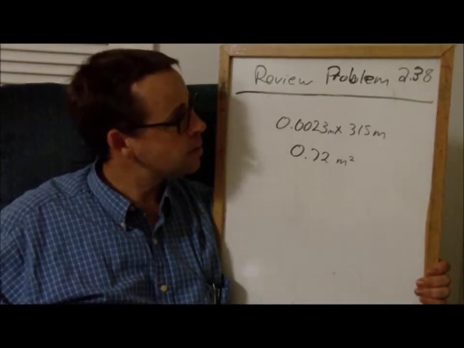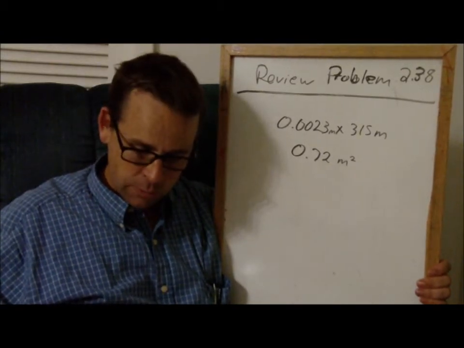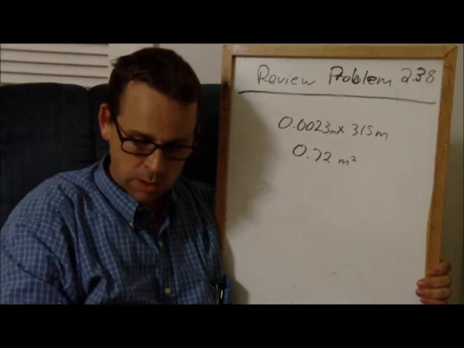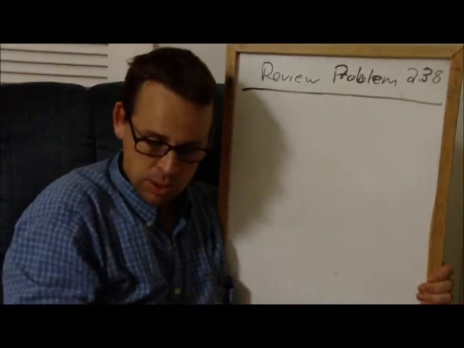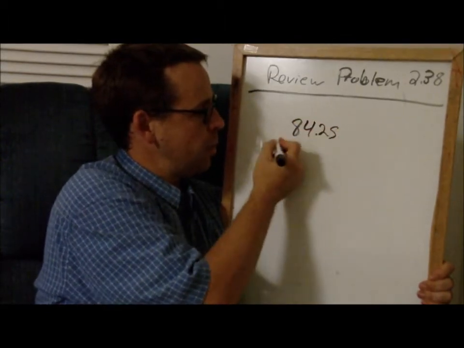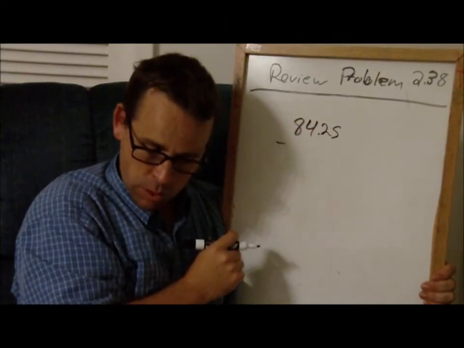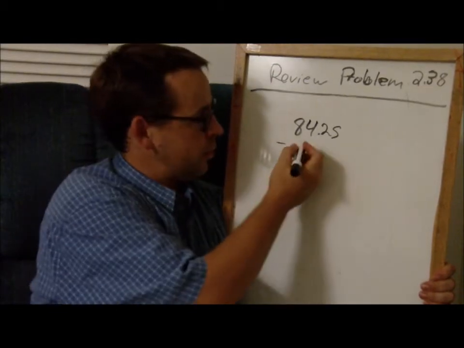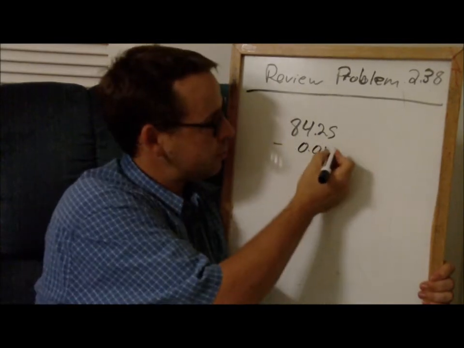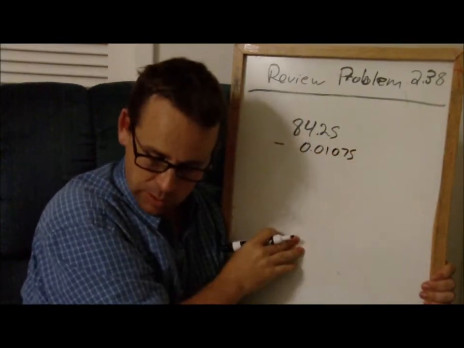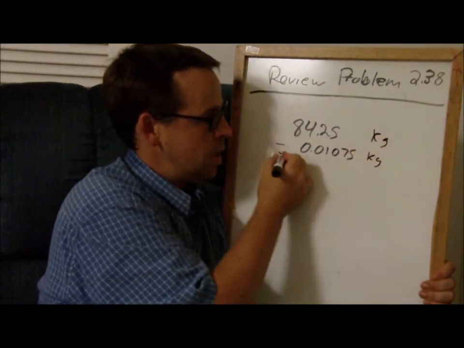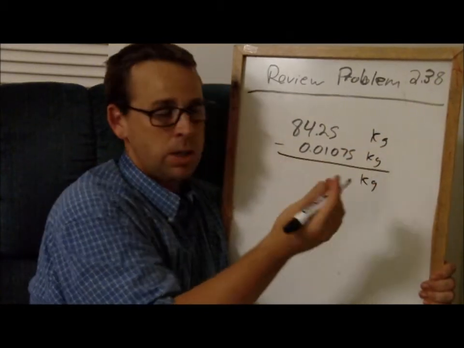238b. 84.25 minus 0.01075. So this is kilograms minus kilograms, so the units of the answer are kilograms.